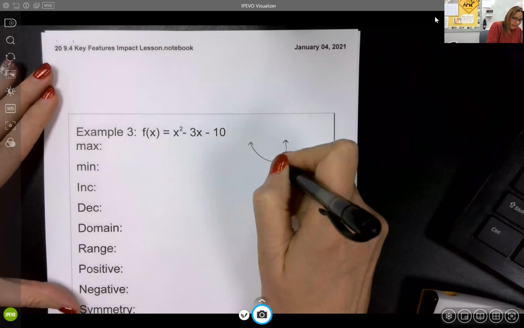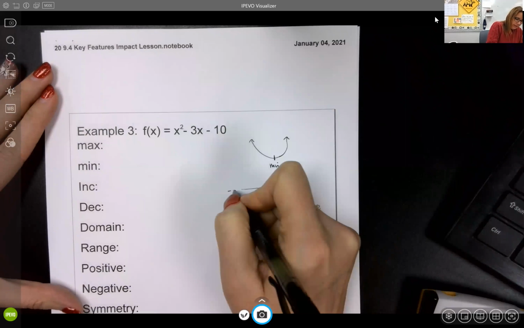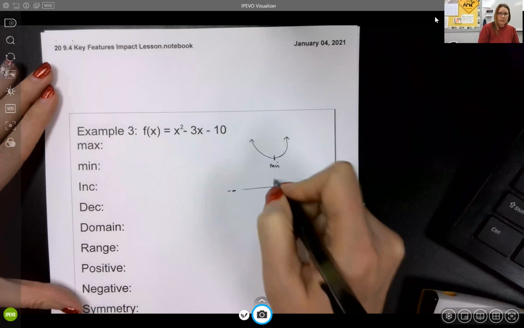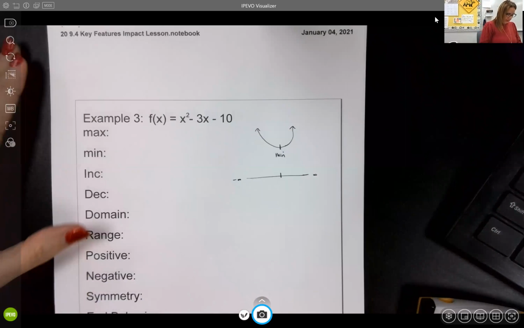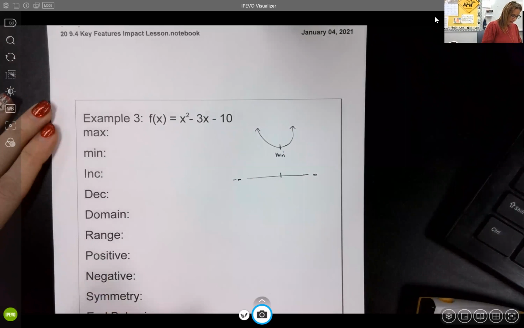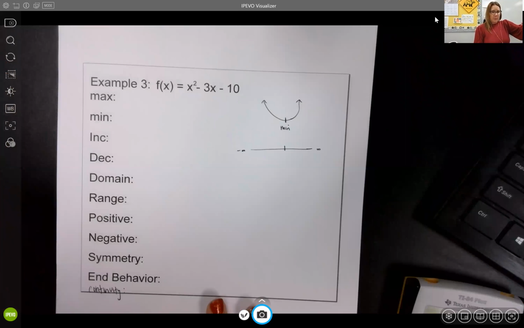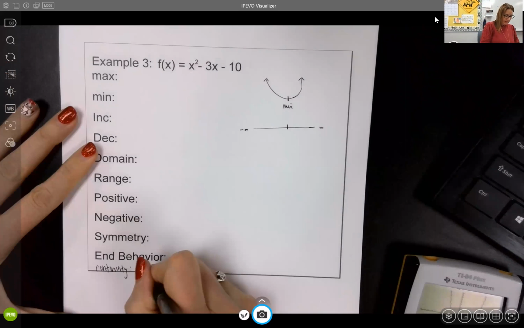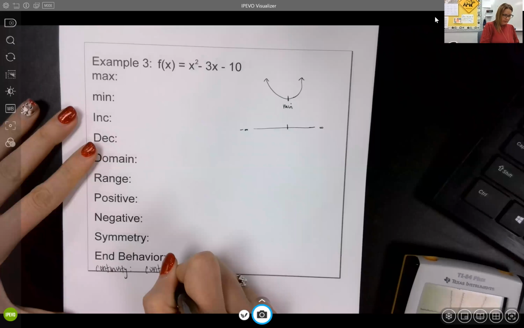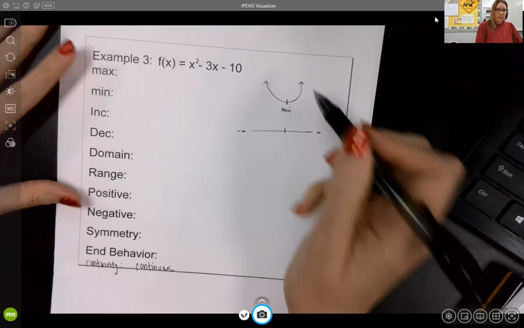I'm going to have a minimum right here. And on my number line, I'm going to have that value right there, right? The one thing that's not on here that you need to put on here is continuity. Because it will be on your homework, but they're going to just be continuous until we get to the rationals. Okay, so it's continuous. I can draw the graph without picking up my pencil.